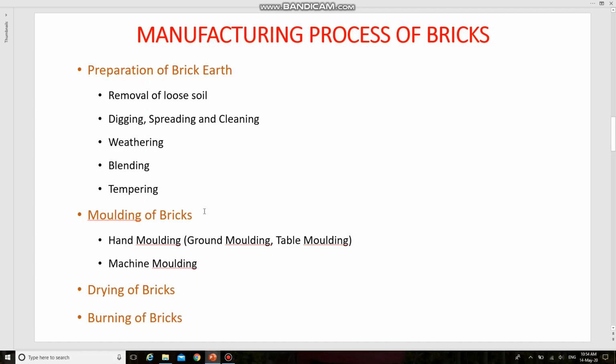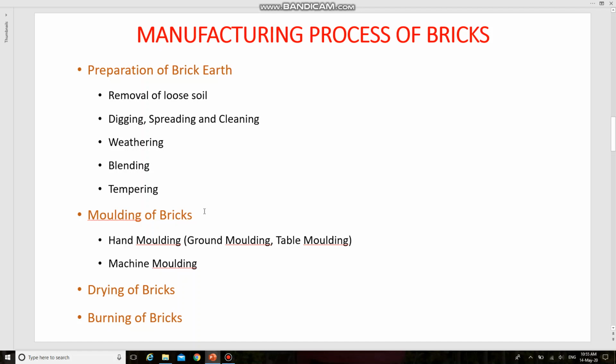Next one is machine molding. When bricks are manufactured in huge quantity at the same spot, then molding is done by machines. These machines contain a rectangular opening of size equal to the length and width of the brick.